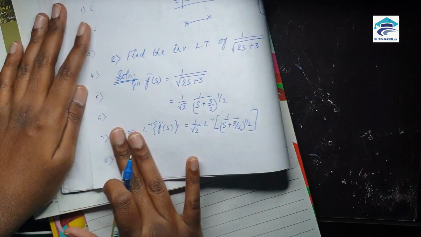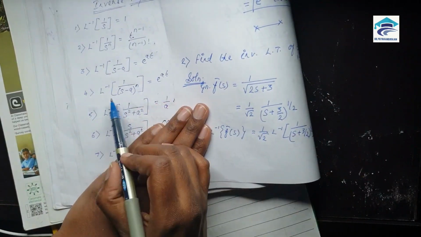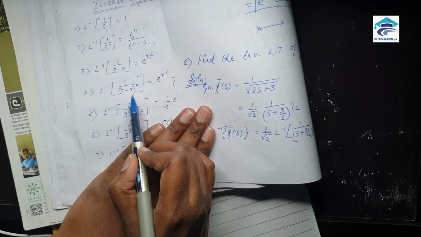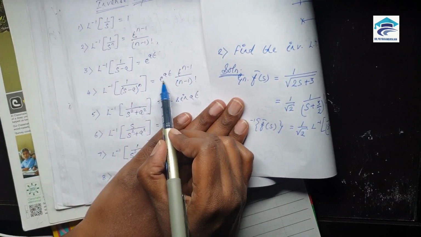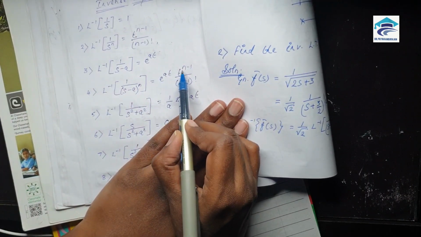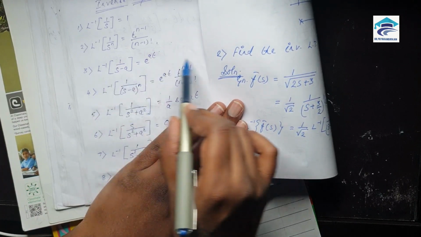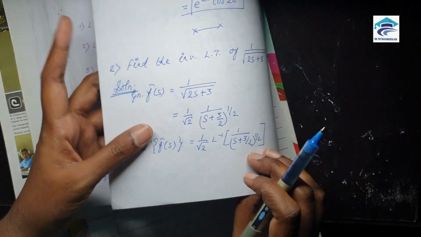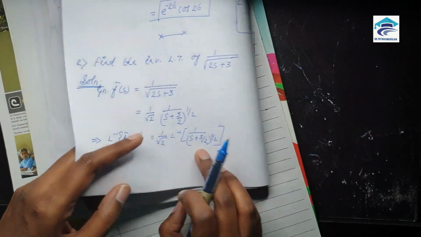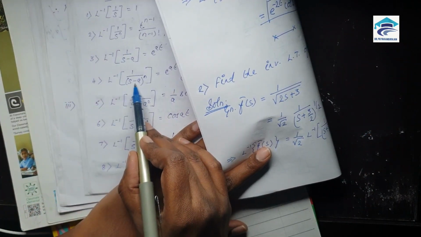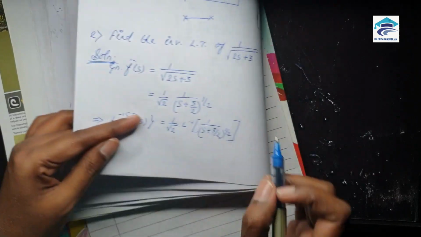So what is the formula we are going to use? This comes under L inverse of 1 by s minus a the whole power n, which is equal to e to the power at into t to the power n minus 1 by n minus 1 factorial. So I can use this formula. A here is 3 by 2, but because it has a negative sign, my a is minus 3 by 2.